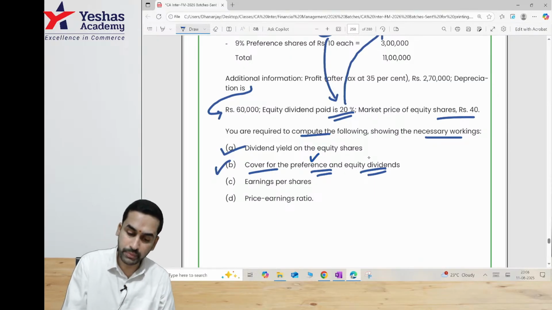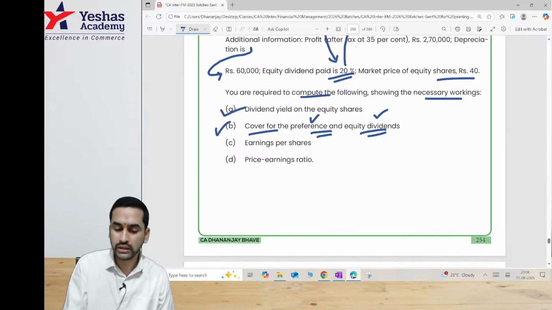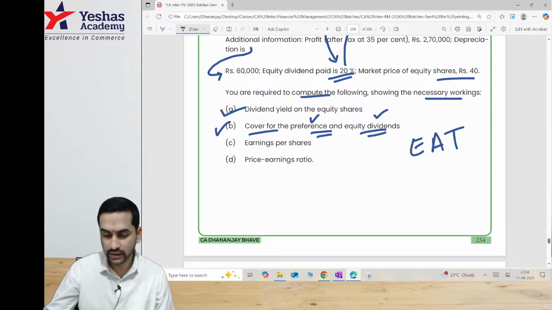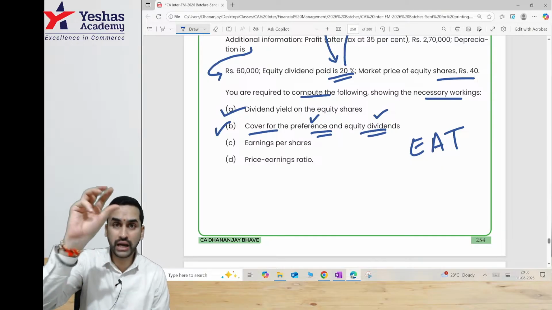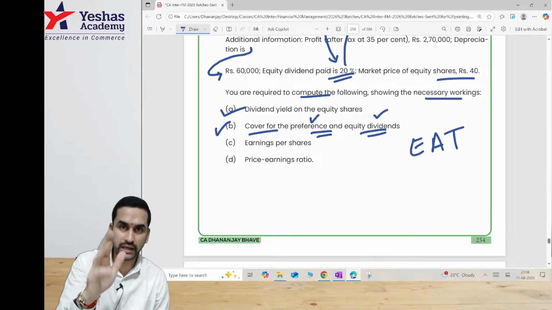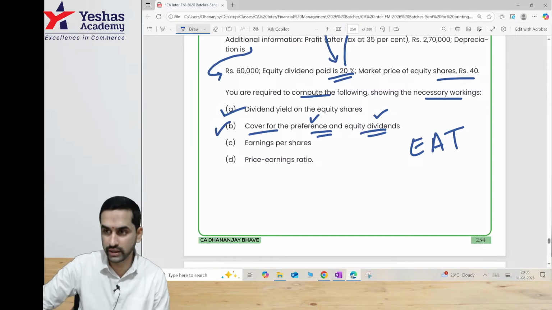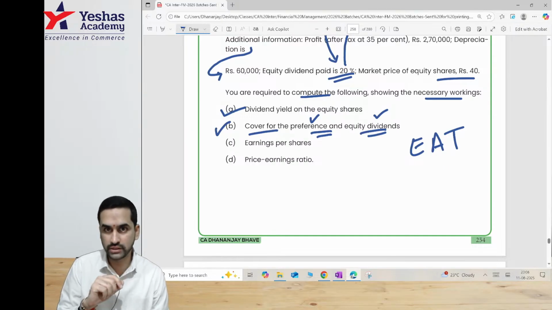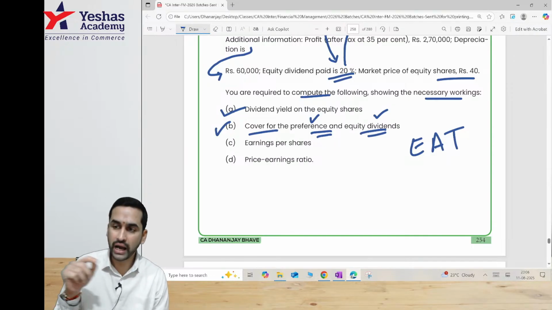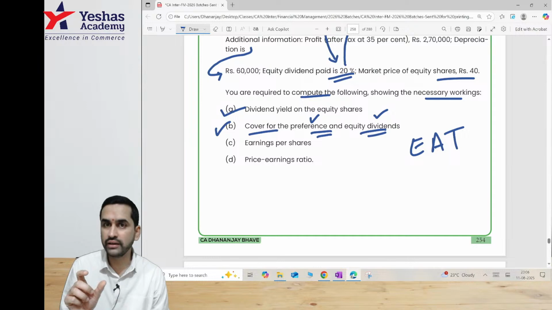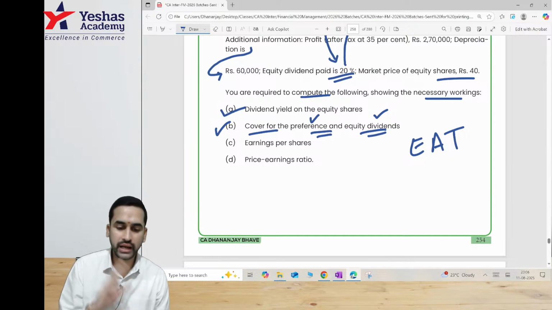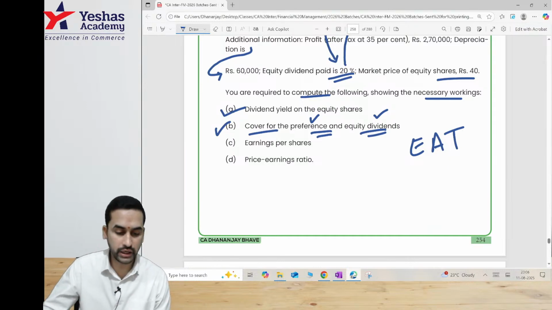Now, when you say preference and equity dividend, this money has to be paid from EAT. Everybody think, I cannot say EBIT is there, using that money I can pay preference dividend and equity dividend. From EBIT, I have to pay interest first. I will get EBT. Then I have to pay taxes. I reach EAT. Using that EAT, I can pay preference dividend. I can pay equity dividend.